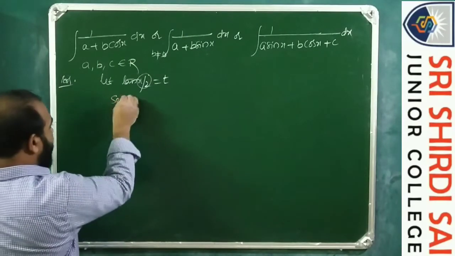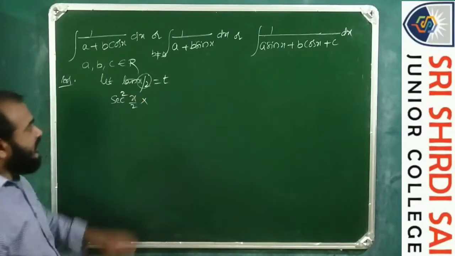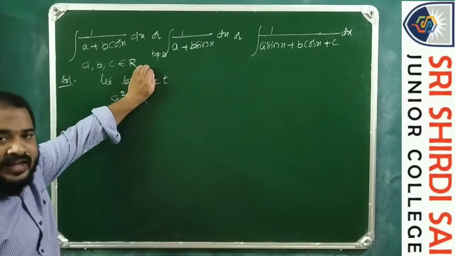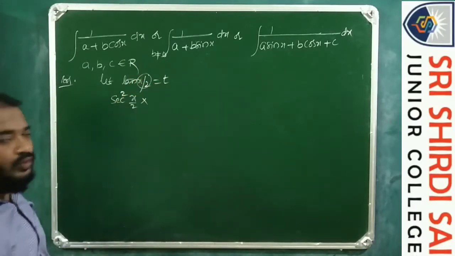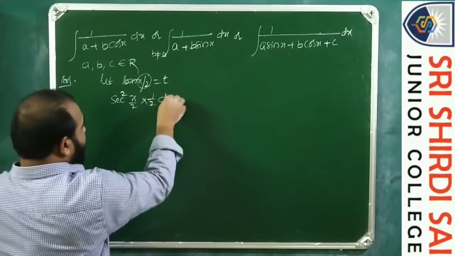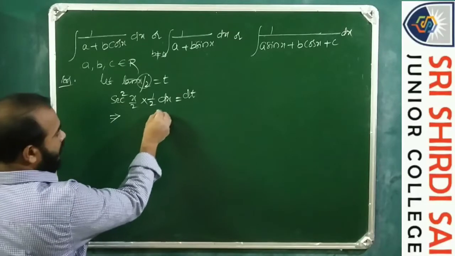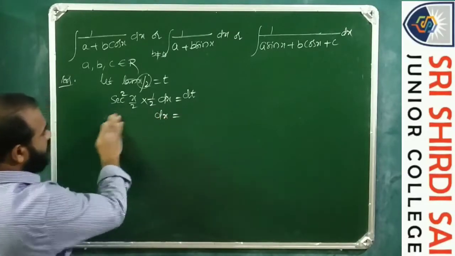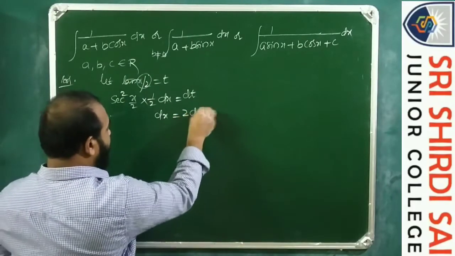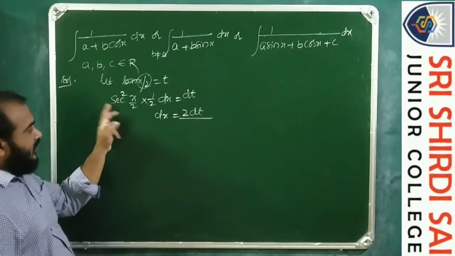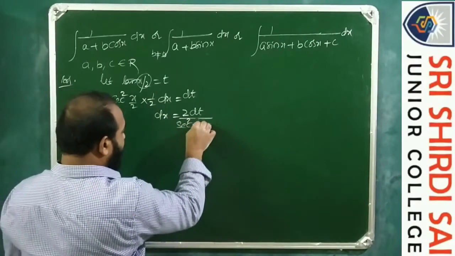So secant square x by 2 into d by dx of x by 2, which is 1 by 2, dx equals dt. Now dx equals, if you transpose to the other side, 2 dt by secant square x by 2.